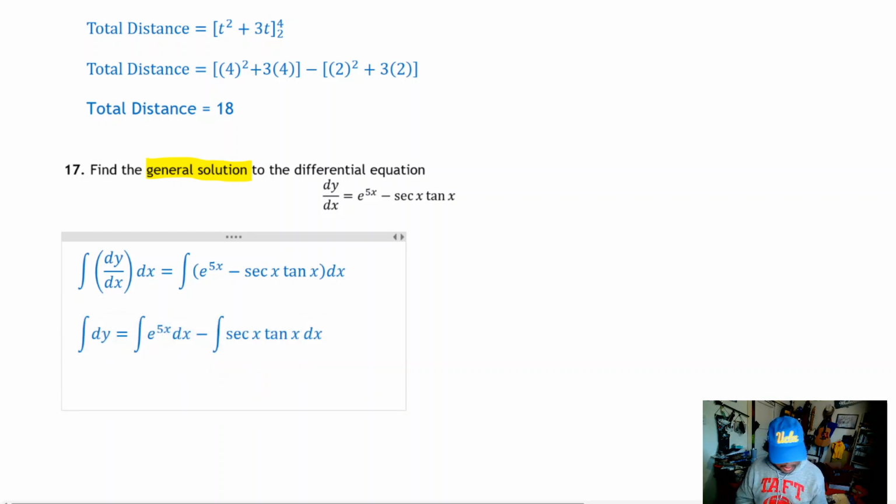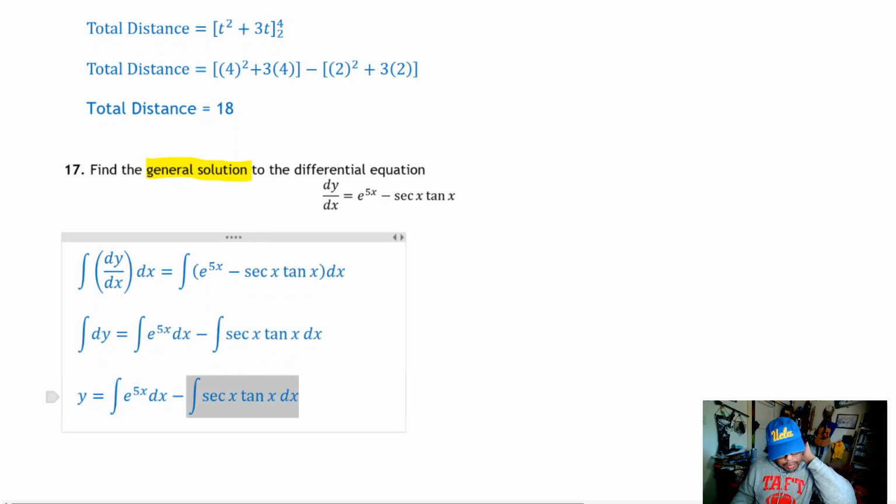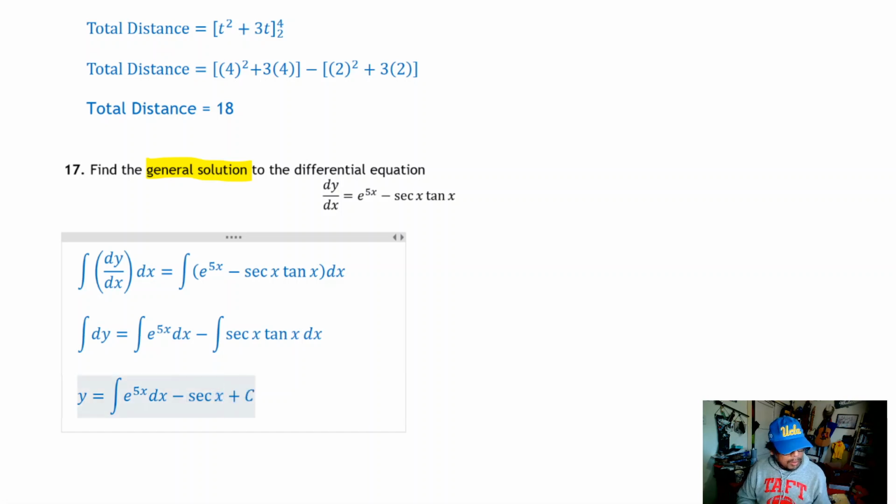Let's see, the antiderivative of dy, well, that's just y. And then the antiderivative of secant tangent, I believe that is secant x. We'll replace that with a secant x, and then this is where we're going to get our plus constant.